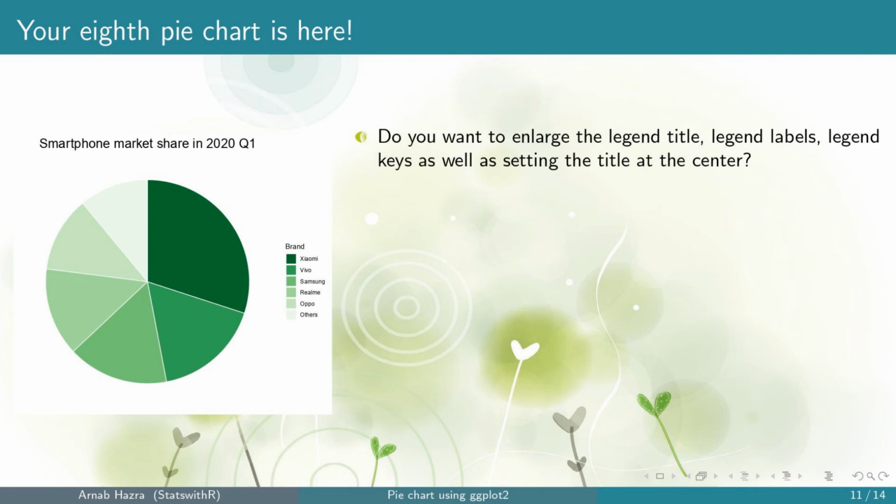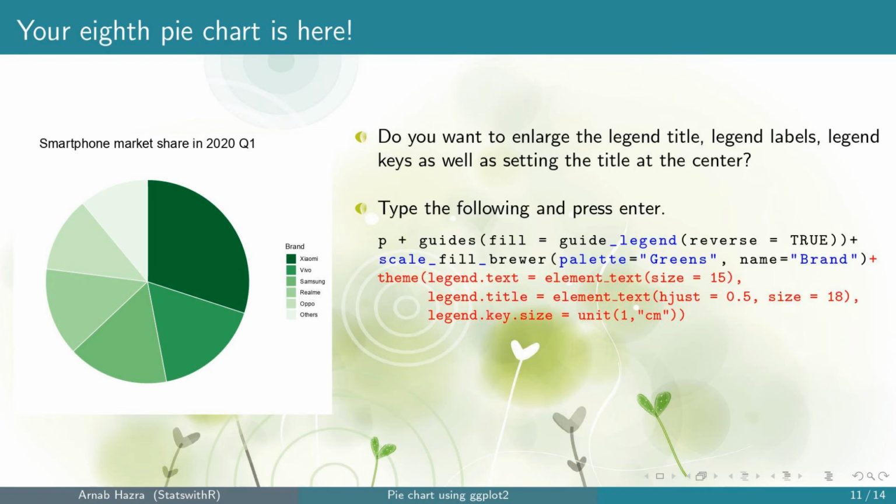Next, note that the legend title is small and left aligned. The legend labels as well as the legend keys are also small. Thus, you may want to enlarge the legend title, the legend labels and legend keys as well as setting the title at the center. To do that, at the line theme, legend.text equals to element_text, size equals to 15.